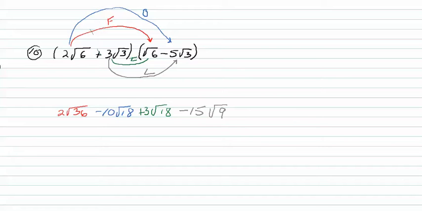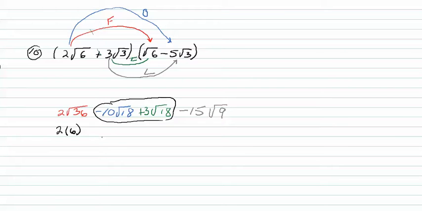Okay, now I'm going to go back to my black color and do the math here. I keep the 2. What's the square root of 36? Is 6. So this becomes 2 times 6 because I simplified that. Then I have a negative 10 radical 18 and a positive 3 radical 18.